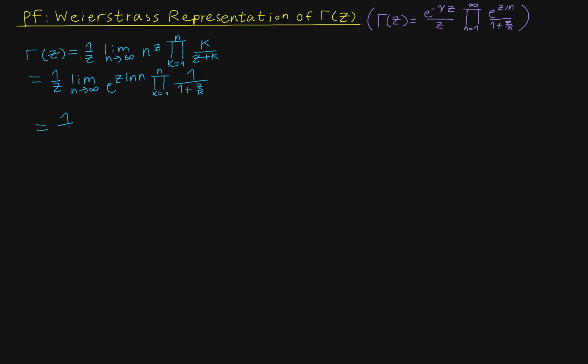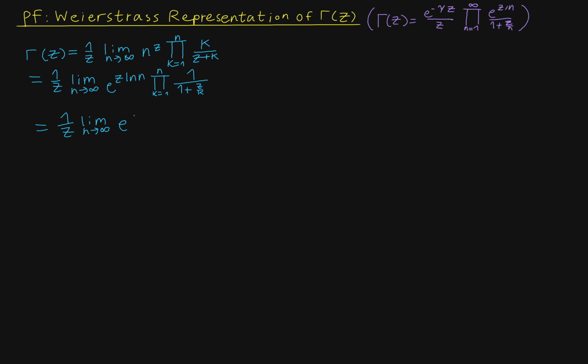So we have 1 over z times the limit n approaches infinity of e to the, now instead of just adding and subtracting the harmonic numbers themselves, since we have a z here, it would be nice to be able to also factor that out. So I'm going to add z times the nth harmonic number minus z times the nth harmonic number.